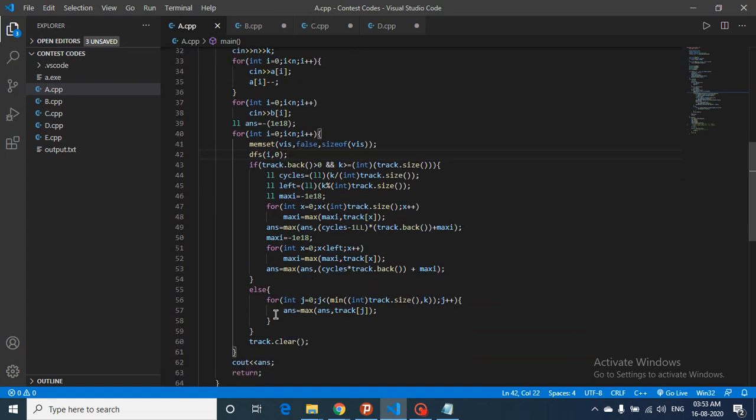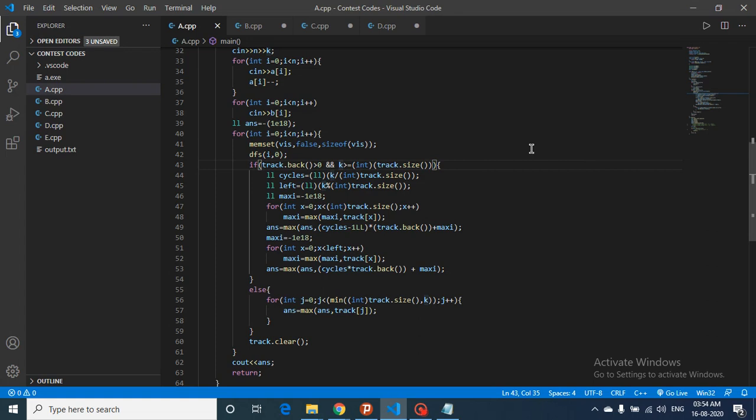Now there are two cases which I mentioned. The first case is if track dot back, which stores the last position, the total sum of the whole cycle, is greater than 0, and k, the number of hops I can do, is greater than the track size, which means there is at least one cycle.